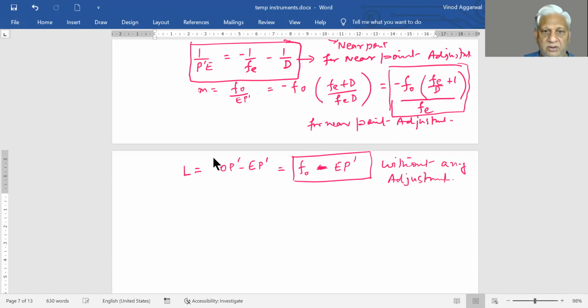And we will find our two cases, for near point adjustment and for normal adjustment. For normal adjustment, our EP dash should become exactly equal to the focal length of the eyepiece.